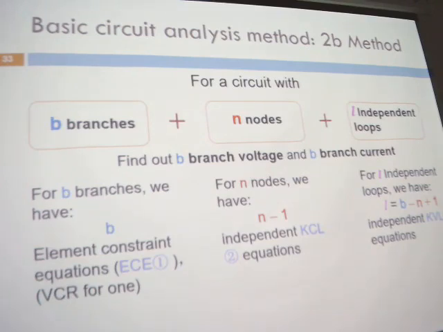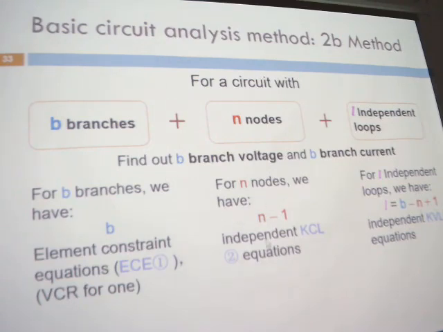For N nodes we have N minus 1 independent KCL equations. We choose one node as the reference node, and we can write down N minus 1 KCL equations. And here we have L independent loops, where L equals B, the number of branches, minus N plus 1.